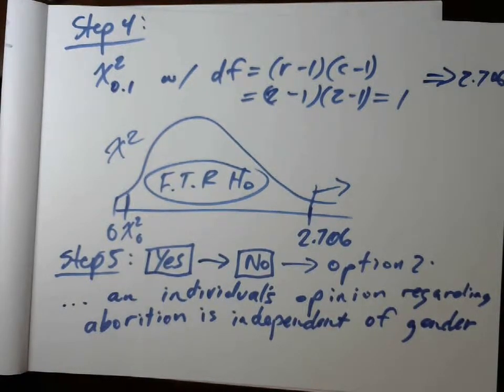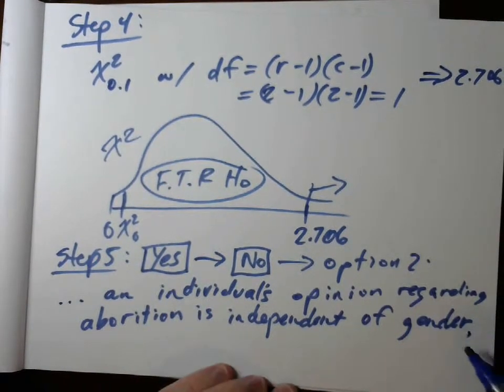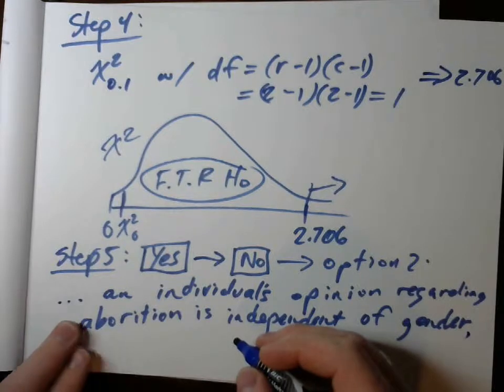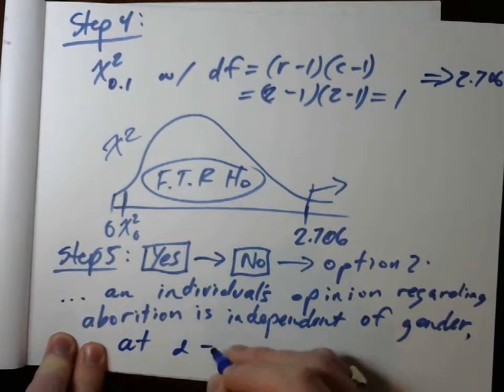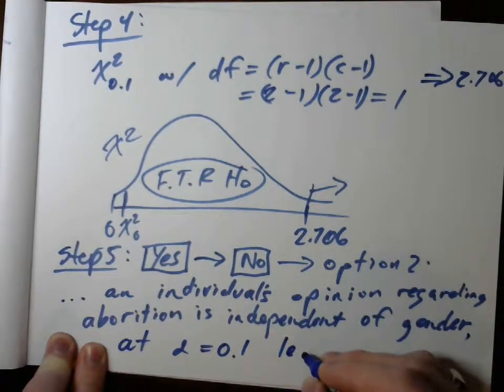You'd expect the same proportion of males and females to be pro-life or pro-choice. Oh, and at alpha, as mentioned before, you want to include this 0.1 level of significance.